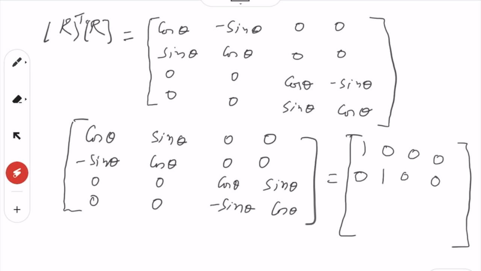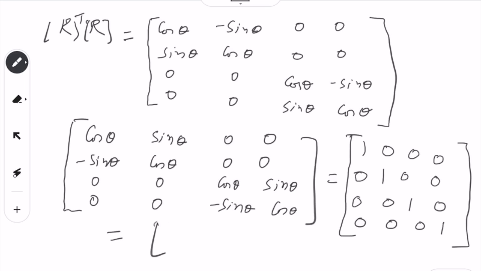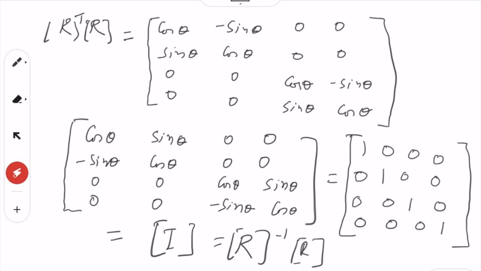Okay, so I am going to write now instead of multiplying all. You will see that what you find is 0, 0, 1, 0 and 0, 0, 0, 1. So you get the identity matrix basically. So just write I. So indeed we have R inverse R equal to I, because this relation is true.